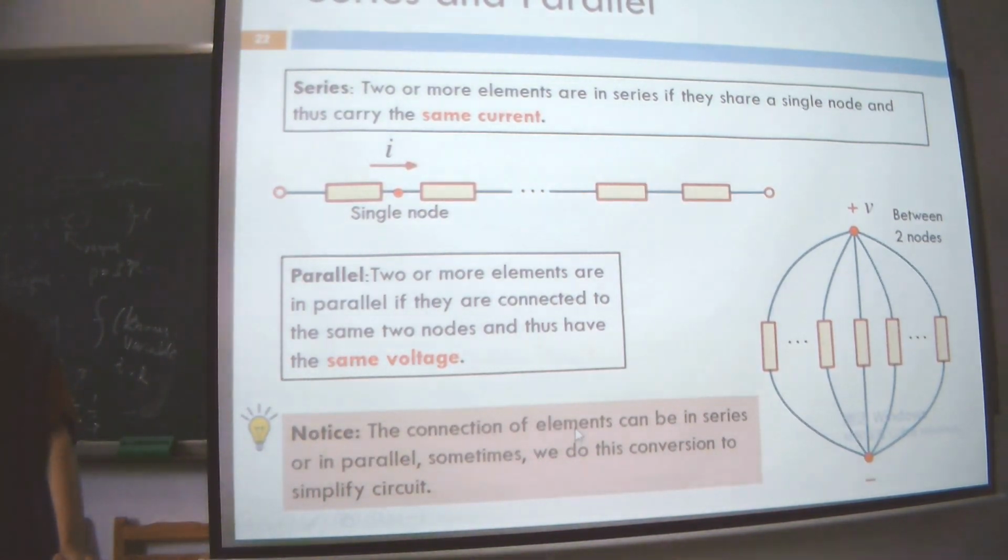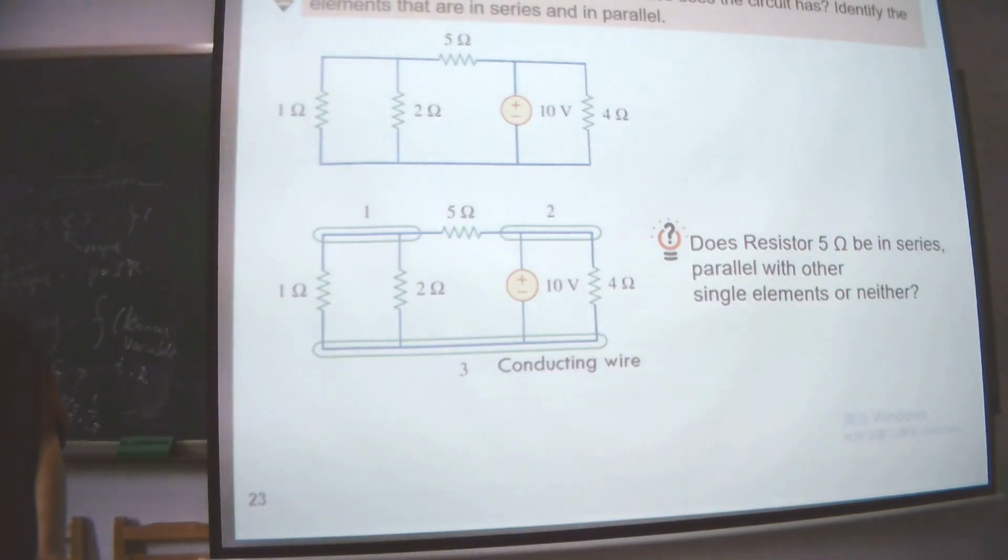Please notice the connection of elements can be in series or in parallel. Sometimes we do the conversion to simplify circuits. So look at this example here. Observe the circuit. How do I find the current?